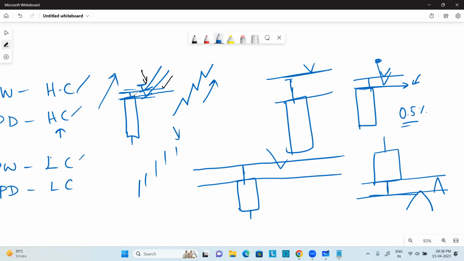Next one is previous day close. You can trade here or here. But you have to keep the stop loss below the close by 0.5%. If the close is 100 rupees, then the stop loss will be 99.5. Got it? Whenever you subtract 0.5% from a closing, your stop loss will come.